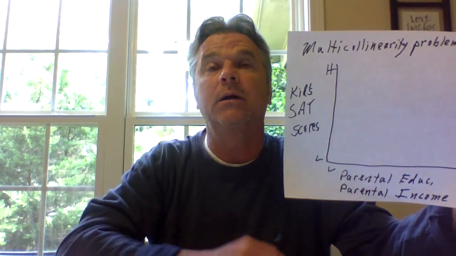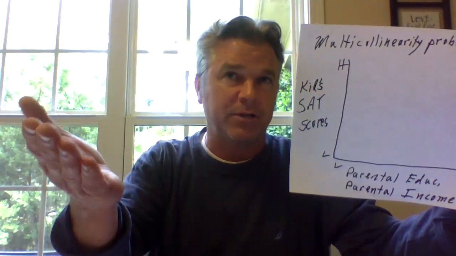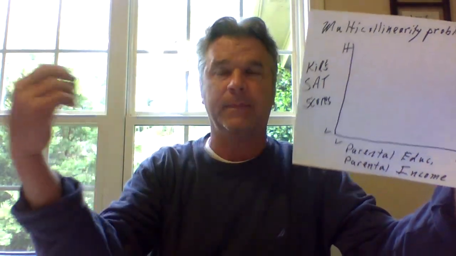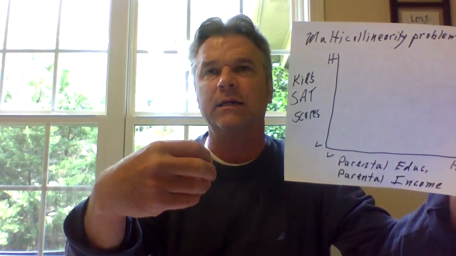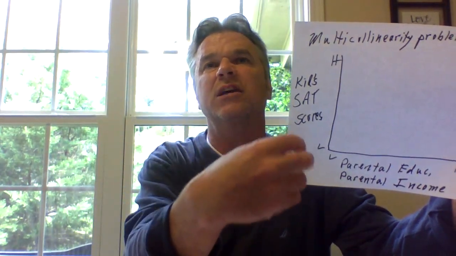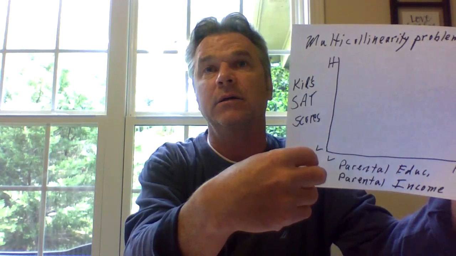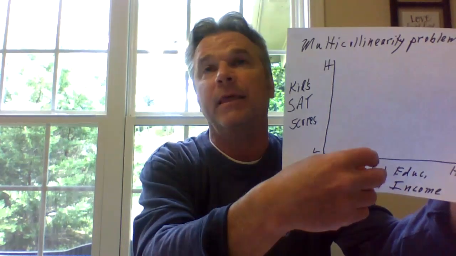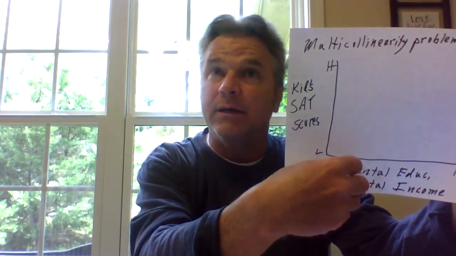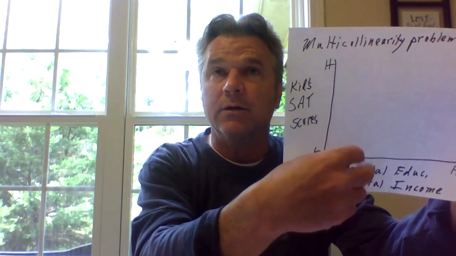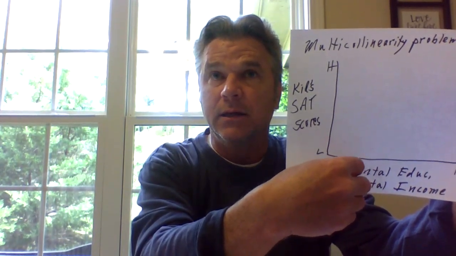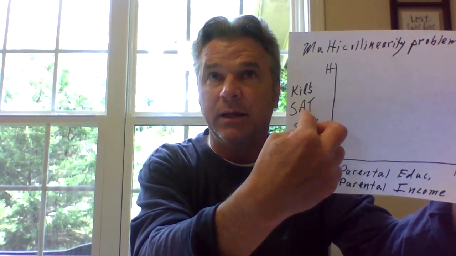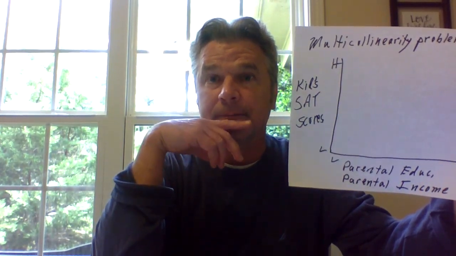The problem with that is, from a substantive standpoint, now that you've combined it into an index, it's hard to know the substantive impact that the index is having on the dependent variable, right?